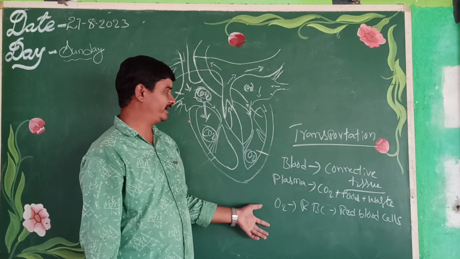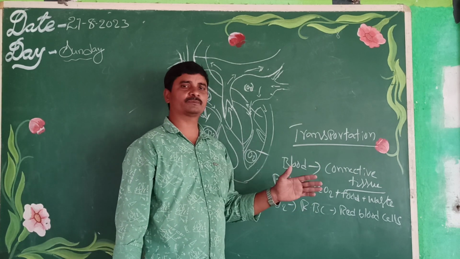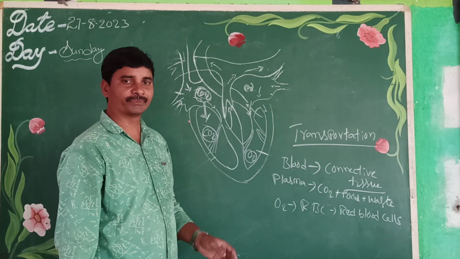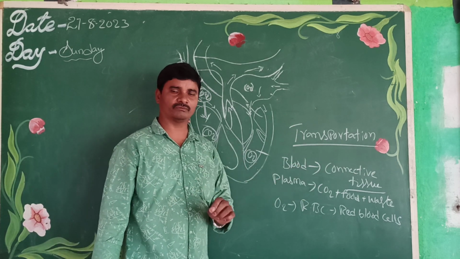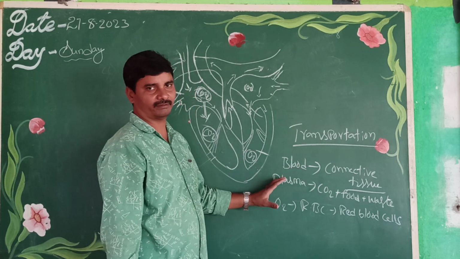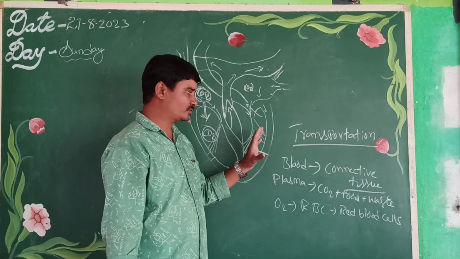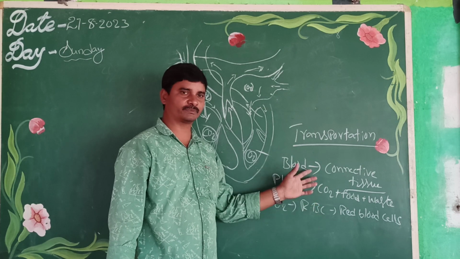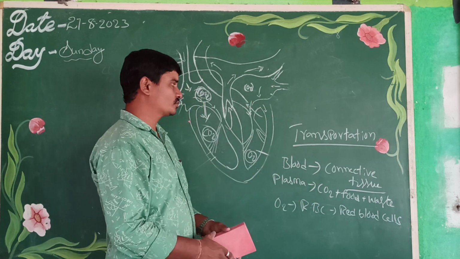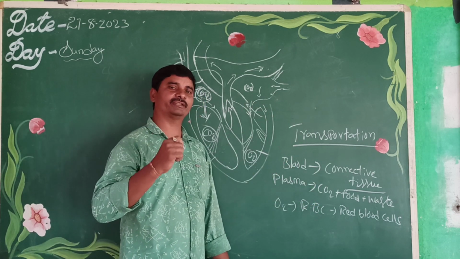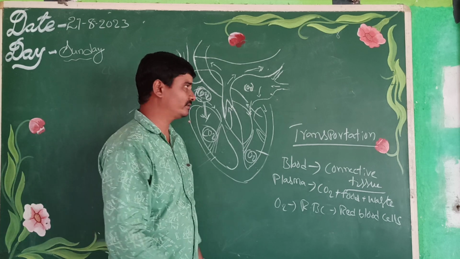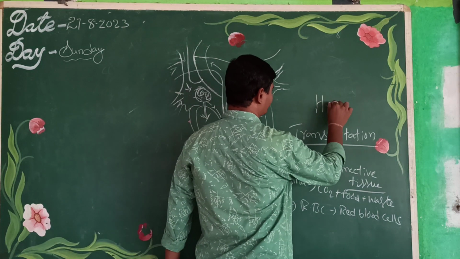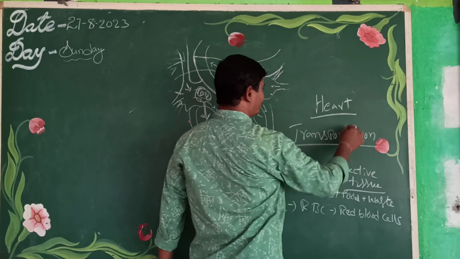But for the blood to be transported, we definitely need one organ pumping this blood. Which organ is involved in pumping the blood in our body? Heart only. Heart pumps the blood.